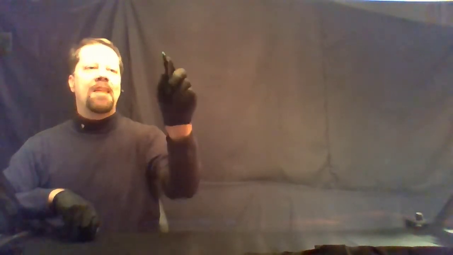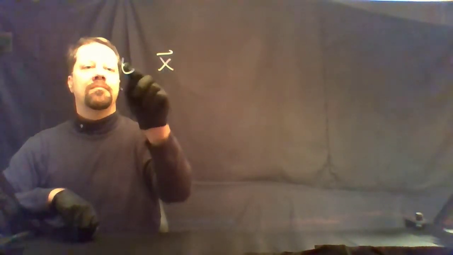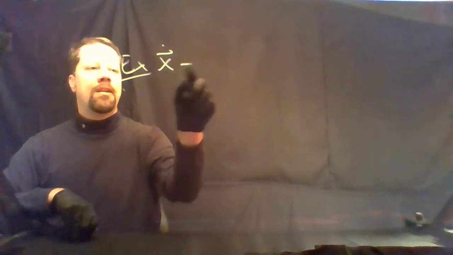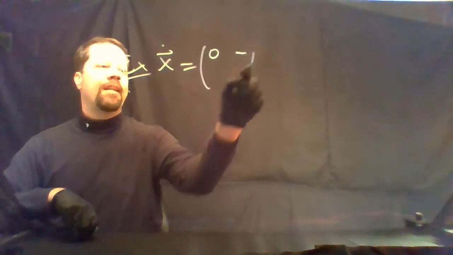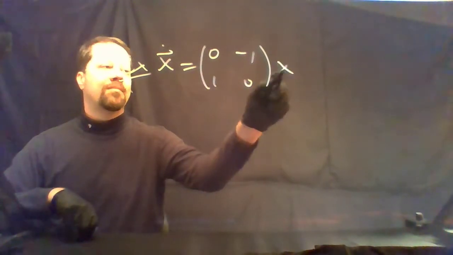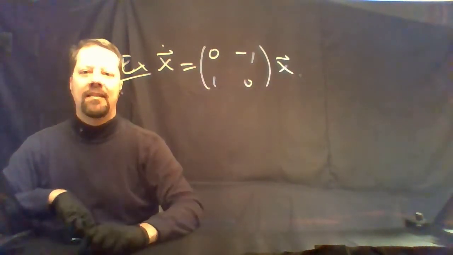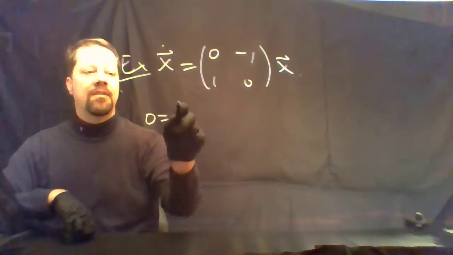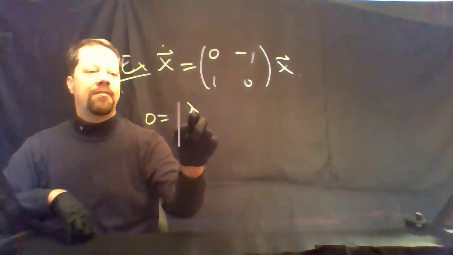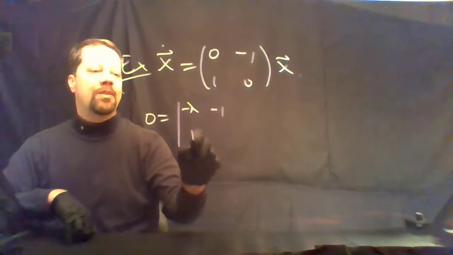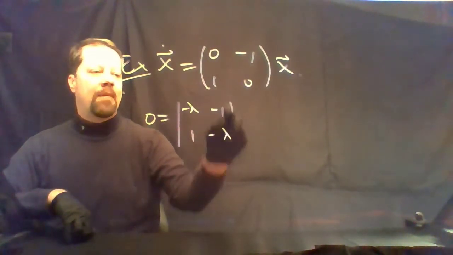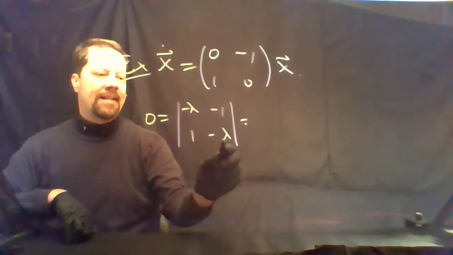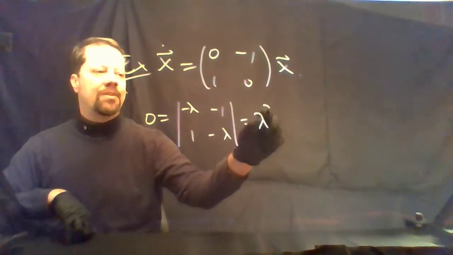It's easy to give an example of a center. Consider x dot equals the matrix [0, -1; 1, 0] times x. Let's find the eigenvalues. We'll take the determinant of [minus lambda, minus 1; 1, minus lambda]. Minus lambda times minus lambda is lambda squared.